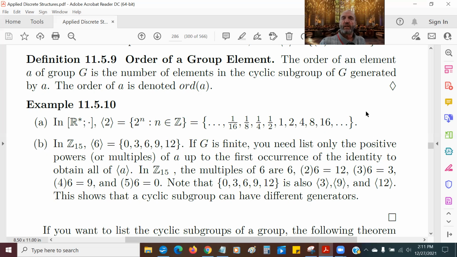If you look at Z15, the numbers generated by 6, you get 0, 3, 6, 9, 12. Why is that? It's the multiples of A, the positive powers.